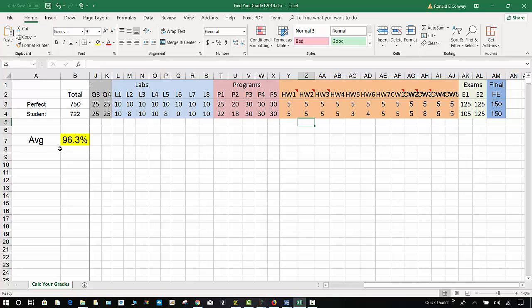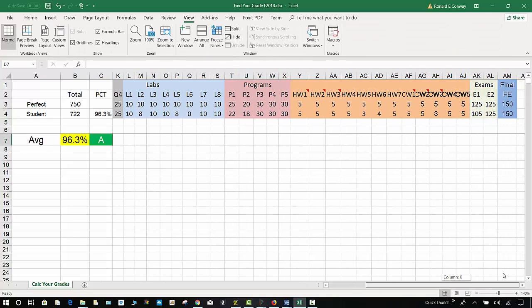If I score perfect, I would get a 96. So now I can look at this more realistically and start putting in grades that I think are maybe achievable for me. So I'll put in 119, and I see now that I have a 90.7%, which is still a B. So I want to bump that up to maybe 125.